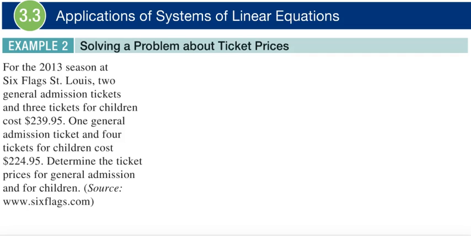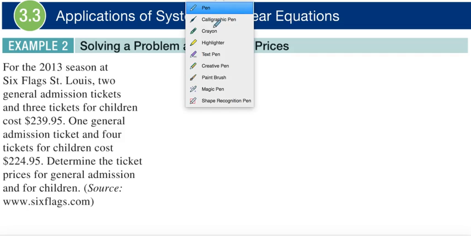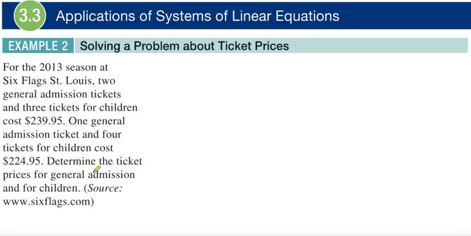So first of all, what is it that we're trying to find? Well, it says right here, usually at the end, we want to determine the ticket price of the general admission and for the children. So it's the ticket prices right there. Step 1 is just what is it that we need to find. Step 2 is to assign some variables. It looks like we want to find out 2 things, right?